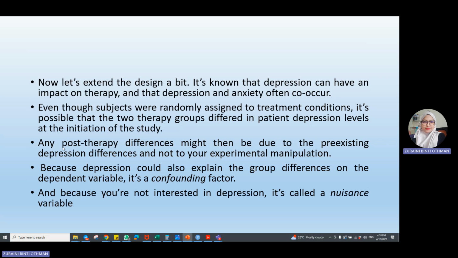Okay, any post-therapy difference might then be due to the pre-existing depression difference and not to your experimental manipulation. Okay, because depression could also explain the group difference on the dependent variable. It is a confounding factor, and because you are not interested in depression, it is called a nuisance variable.